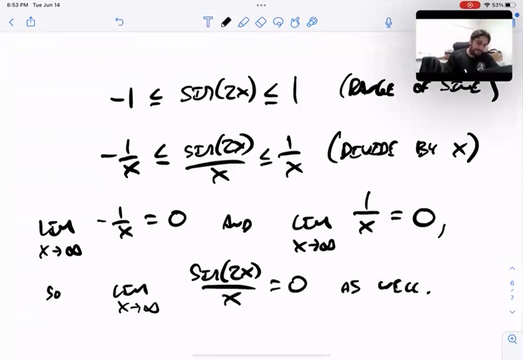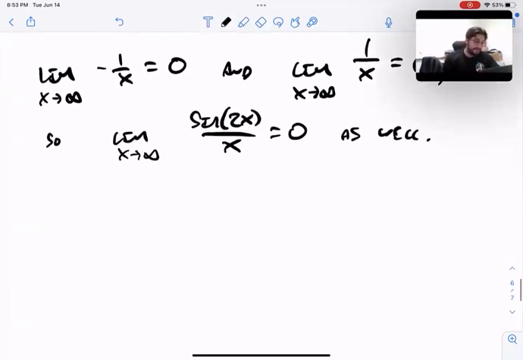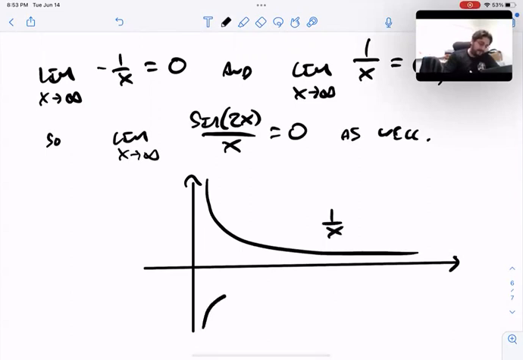It's trapped between two quantities that are both approaching the same number, namely 0. So the graph would look like this. Up above, I have the graph of the quantity 1 over x. Below, I have the quantity -1 over x. And these are both approaching a limit of 0.